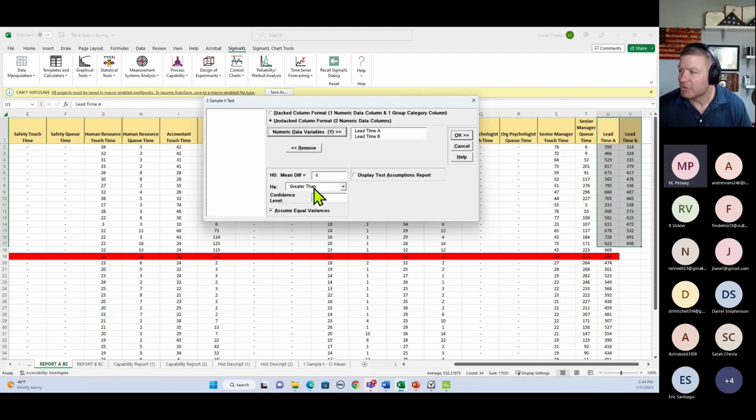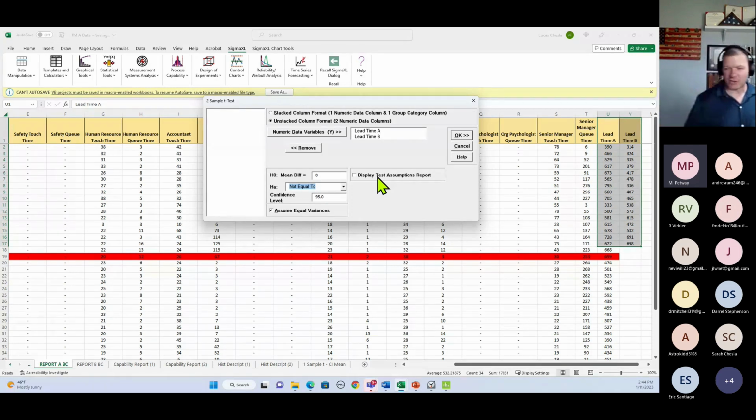Or is the lead time A greater than? Or is it not equal to? Or is it less than? Let's start from the top, not equal to, and we want 95% confidence. Since I'm testing whether lead time for A is not equal to lead time of B, is that 1 or 2 tail? Not equal to is 2 tail.